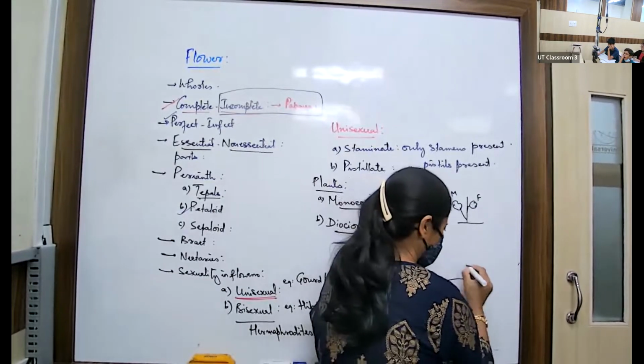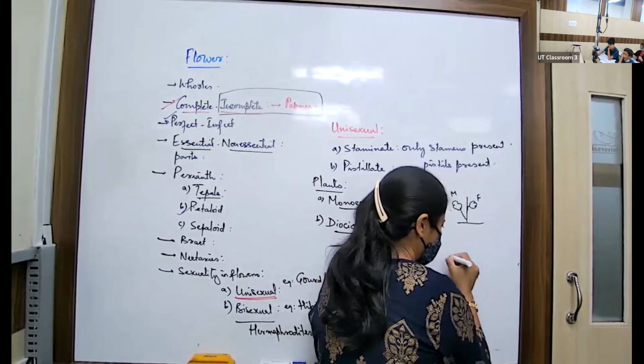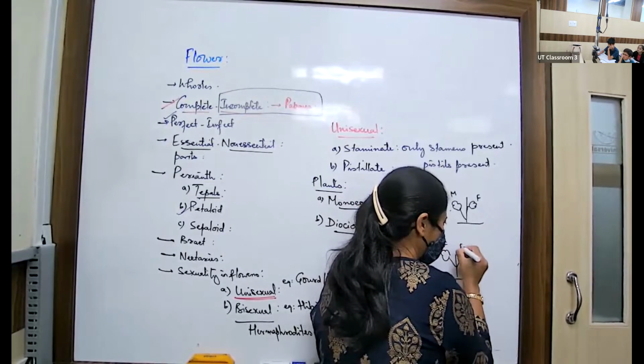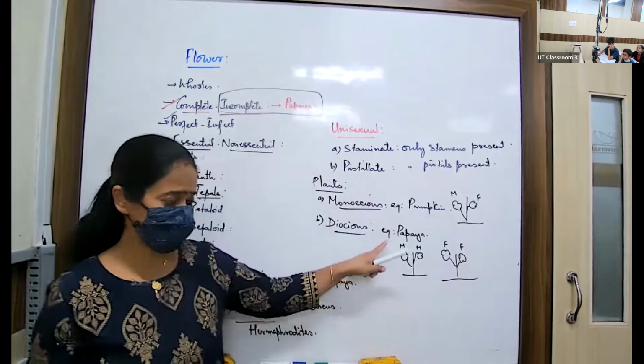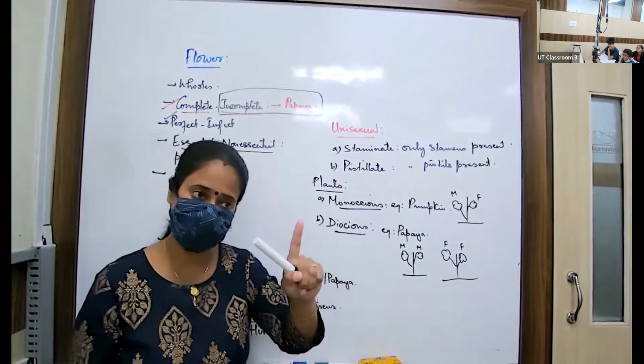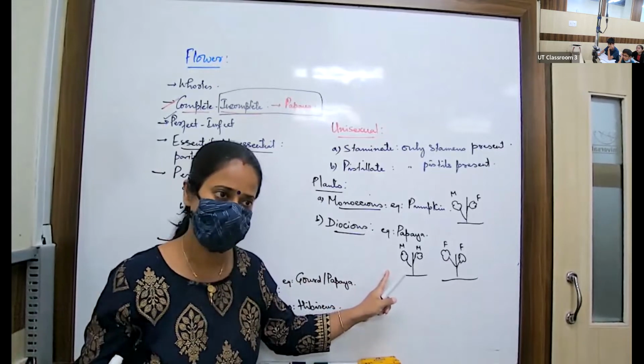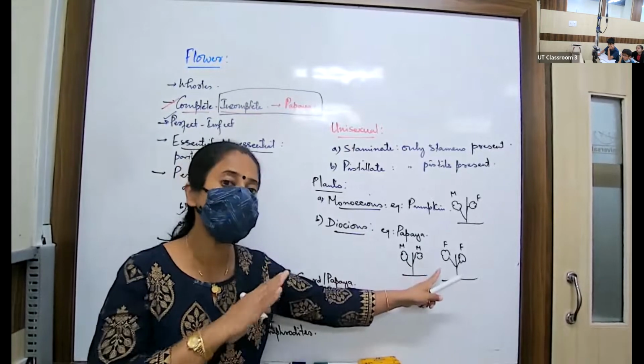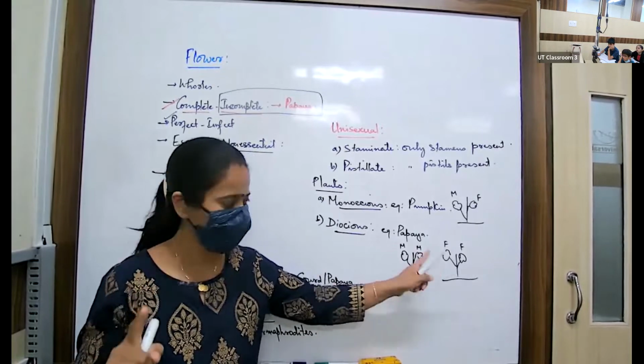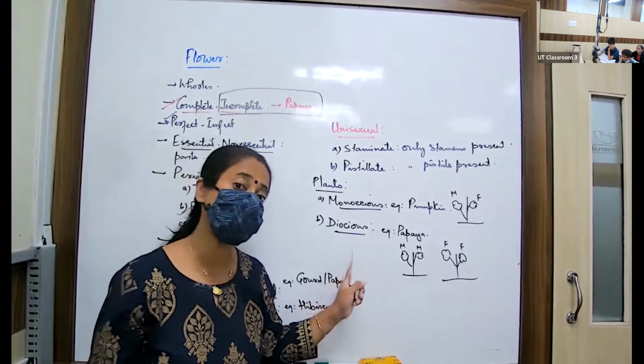Or papaya: this is a plant, this is a flower, these are all female flowers. So in case of papaya, the plant is unisexual, but the plant will have either all male flowers or all female flowers. If that is the case, the plants are known as dioecious.